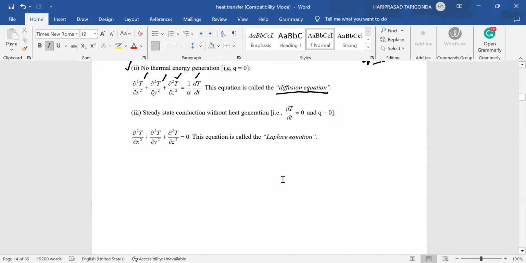In addition, if the heat transfer process is steady state heat conduction and also there is no internal heat generation, then the equation is simplified.